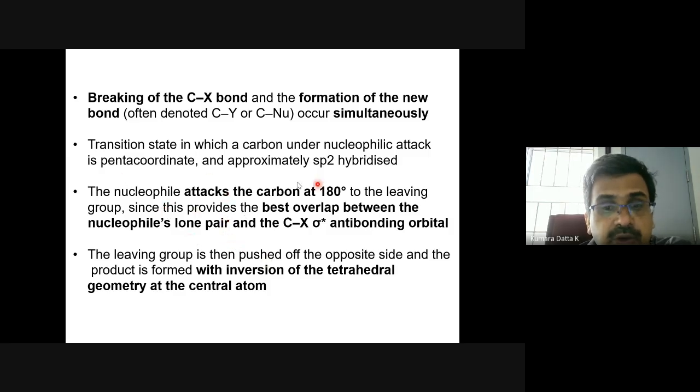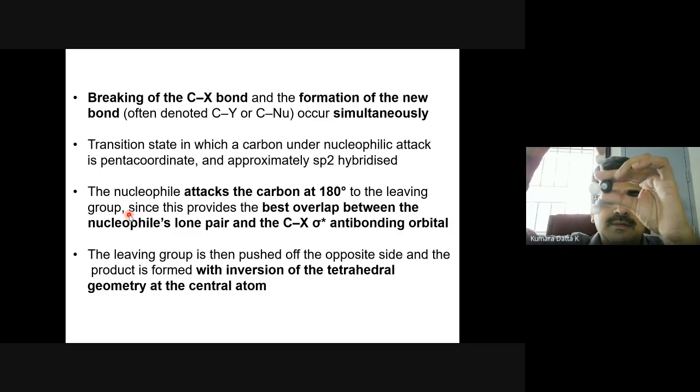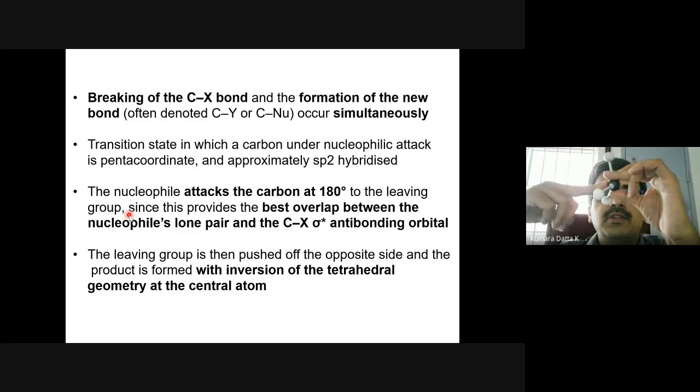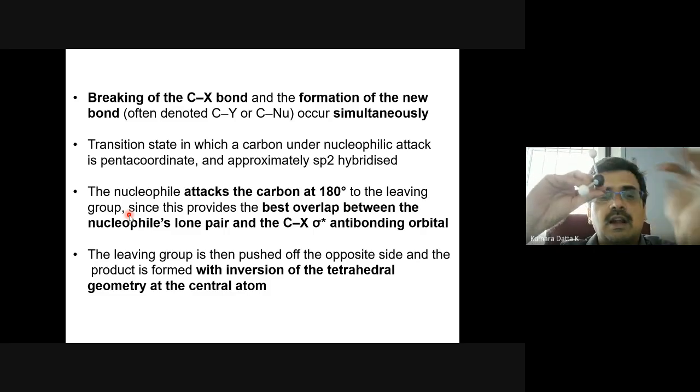Also, the nucleophile attacks the carbon exactly at 180 degrees to the leaving group, meaning exact inversion. For example, if the leaving group is from here, then the attack of the nucleophile is from 180 degrees. If the leaving group is from here, then the attack is again from 180 degrees.